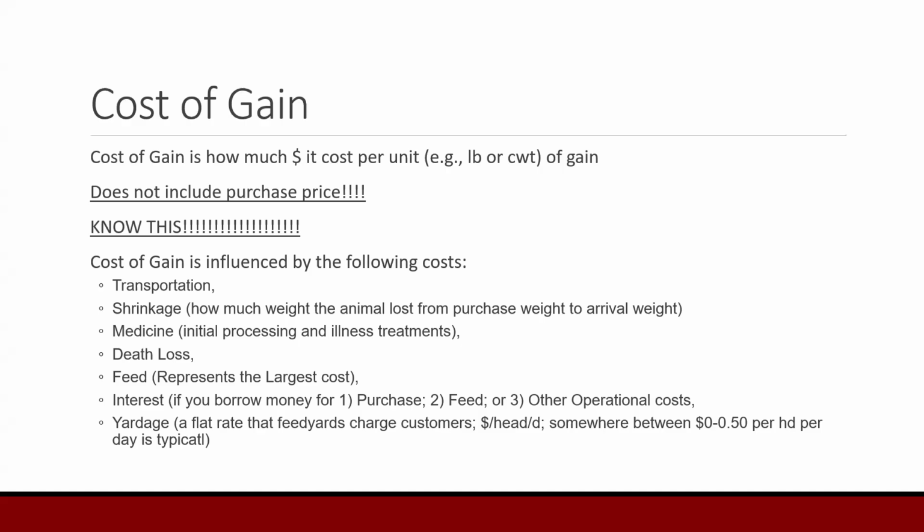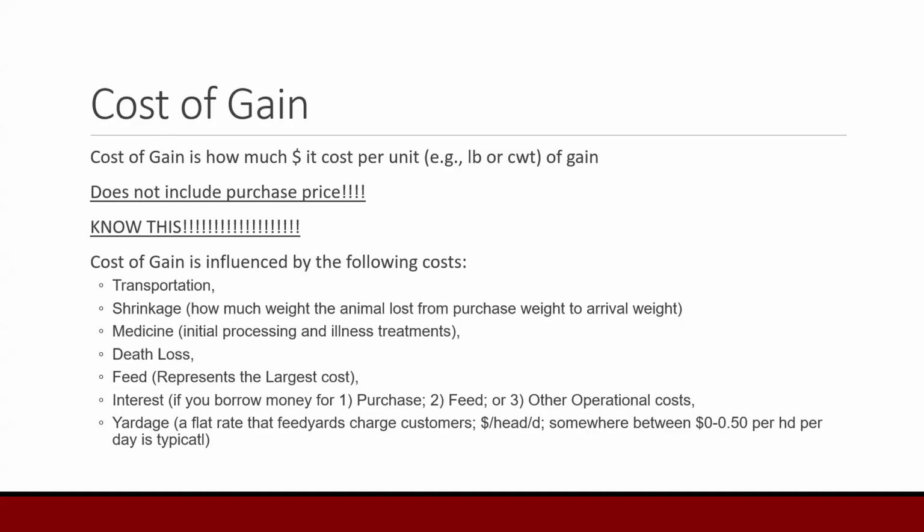Interest. So interest is a huge thing. The cost of getting capital, right, is huge. So in 2020, when interest rates were 3%, your cost of gain was lower than today, when interest rates are 6.5%. Something out of our control. And then yardage.